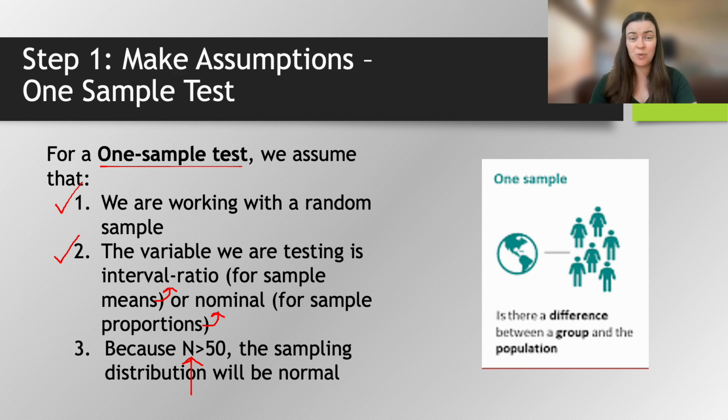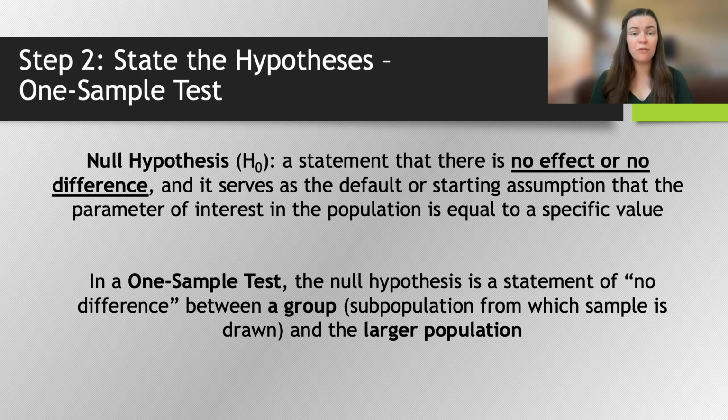And so that deals with step 1 here as well, both the randomness and the normality of our curve. And so we need to ensure that both of these are set before proceeding with any of the other steps. Again, these are specific to 1-sample tests, but all 3 of these components must be met in order to go to step 2. The second step revolves around the idea of hypotheses.